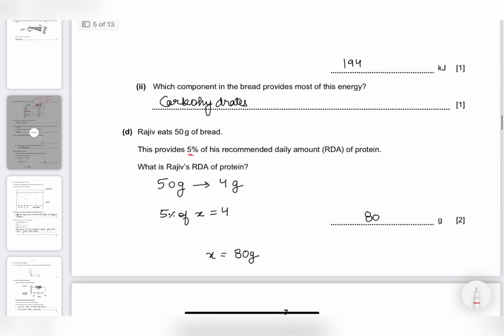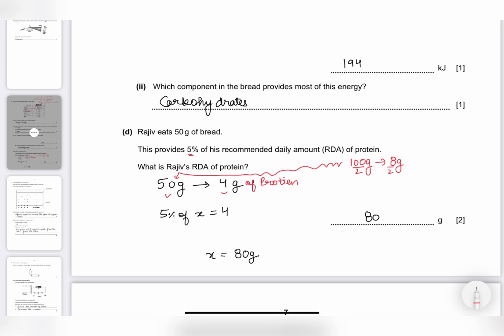So I will write down again, 100 grams gives us 8 grams of protein. So 50 grams will give us 4 grams. Just divide this by 2 and this also by 2. Be focused and please take out a notebook and pen. Don't just sit and watch this video.